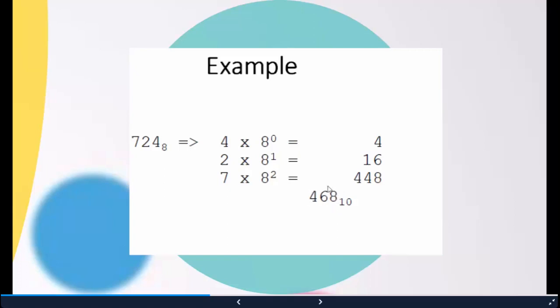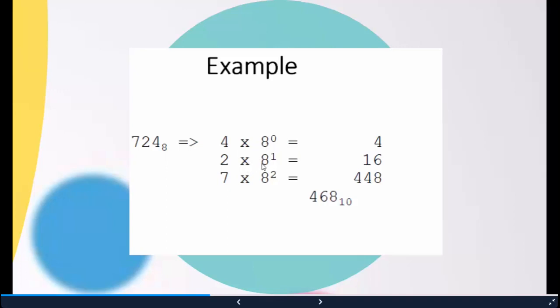You see the trend. When you are trying to convert to decimal, that is the process. You take note of what base it is. If it's binary, it's times 2.